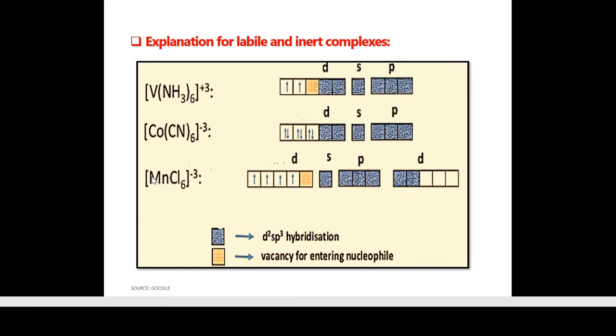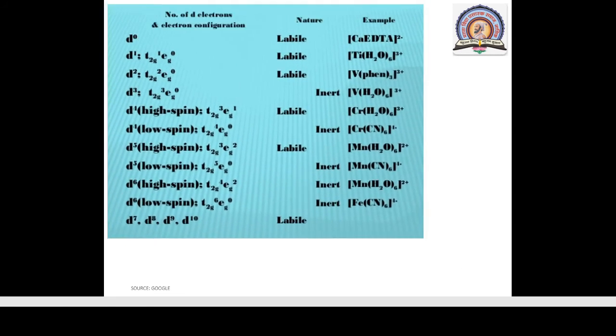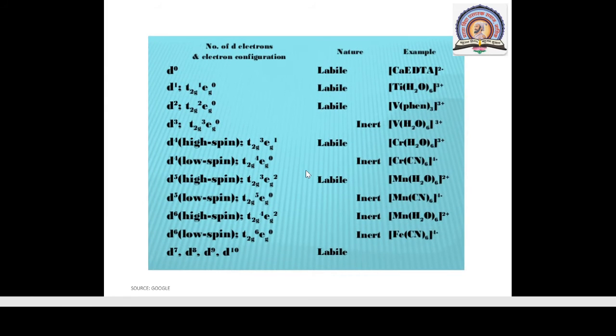See, this is the labile one because the system carries 4 electrons, 1, 2, 3, 4. At that time your complex is a labile one. But in case of strong field, that is low spin complexes, all 4 electrons are in T2g, so your complex is inert.